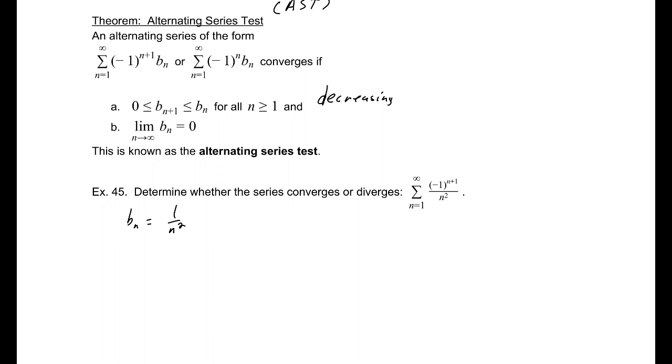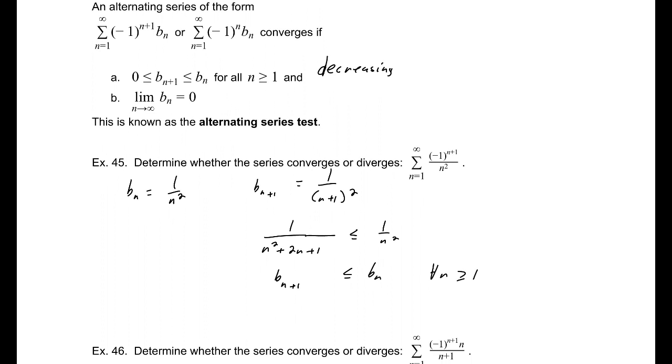All right, b_(n+1) is 1 over (n plus 1) squared. So that is 1 over n squared plus 2n plus 1. That is definitely less than or equal to 1 over n squared. So b_(n+1) is less than or equal to b_n for all n greater than or equal to 1.